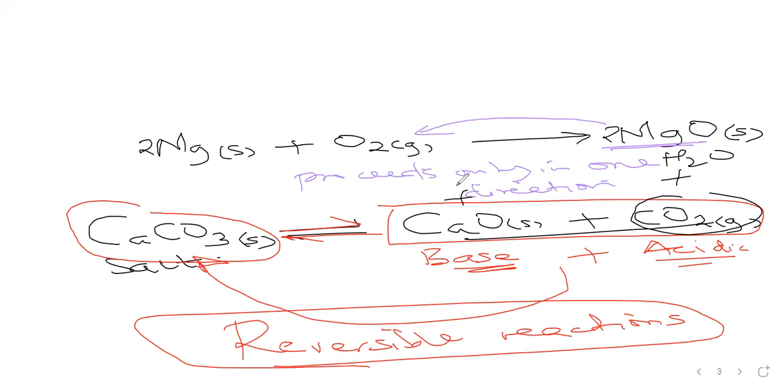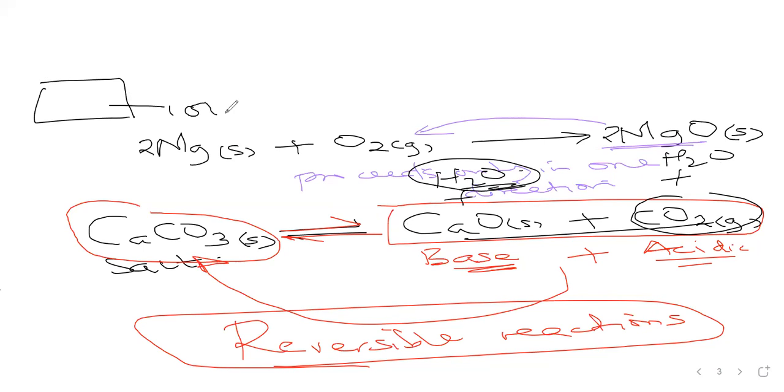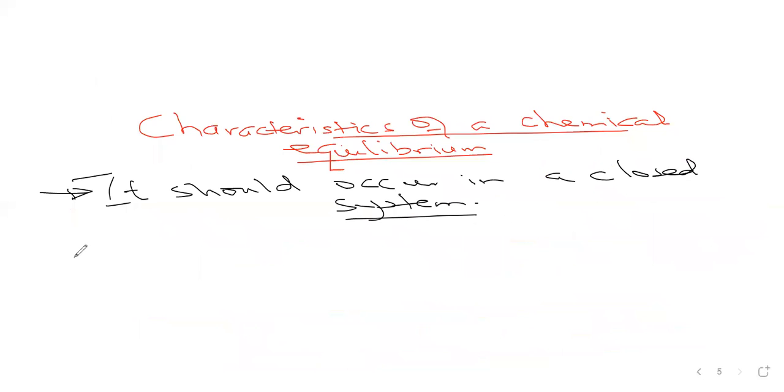Even the calcium oxide, if the water is high enough in amount, there could be a reaction to form calcium hydroxide or carbonic acid. That's why we need a system that is isolated, where we can have the reactants be put and the reaction proceeds without interference. That's what we mean by saying that a chemical equilibrium should occur in a closed system.